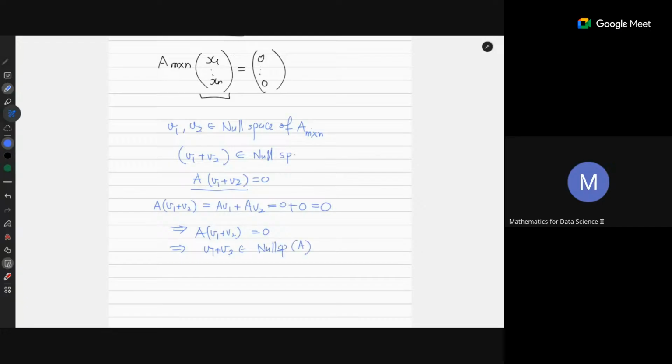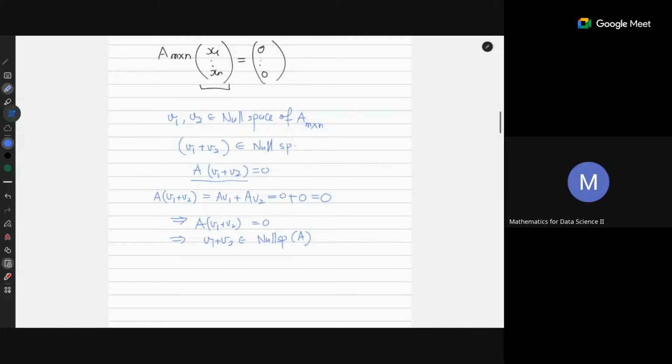All right. This is for addition. Now let's check for scalar multiplication. So let's say k is in R and v is in the null space of A. We need to prove that kv is also in the null space. So how do I prove that?